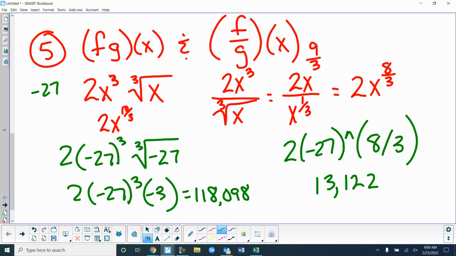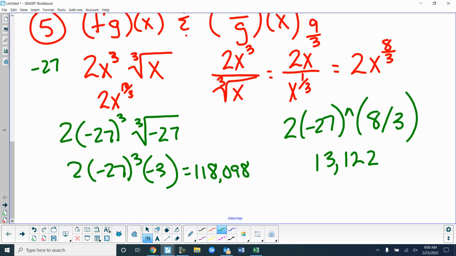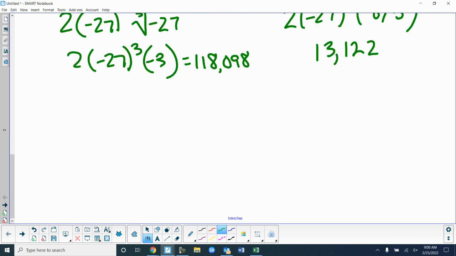All right, let's do another one for practice. All right, let's do this same multiplication and division. So here's f of x. I want you to multiply f and g and divide f and g. And f is 4x to the 5/4 power.